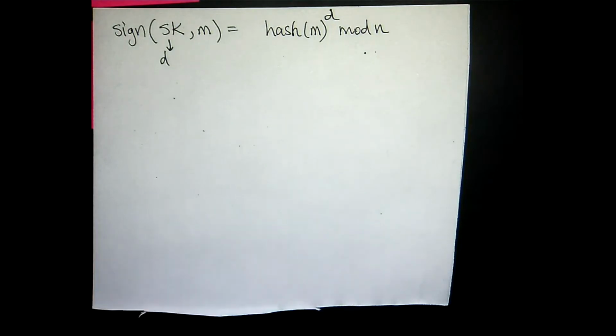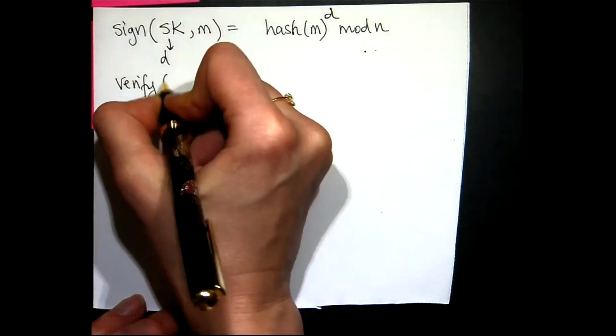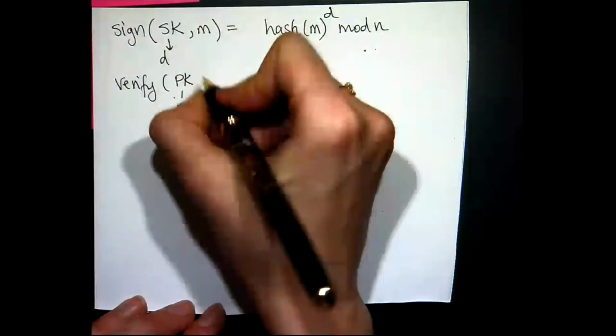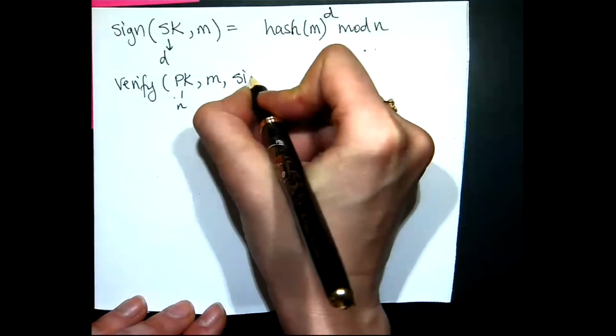Now, to verify, you need to be able to verify with the public key, which is your N, the message M, and some signature.